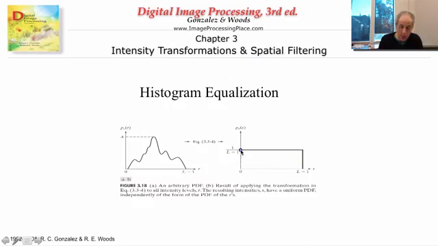So basically the probability, if we normalize the count, which is just easier to think about, is 1 over L minus 1. That's basically the probability of a pixel having that gray value. So we want to go from this to this.